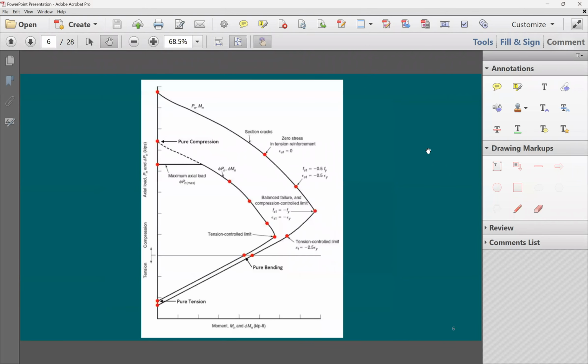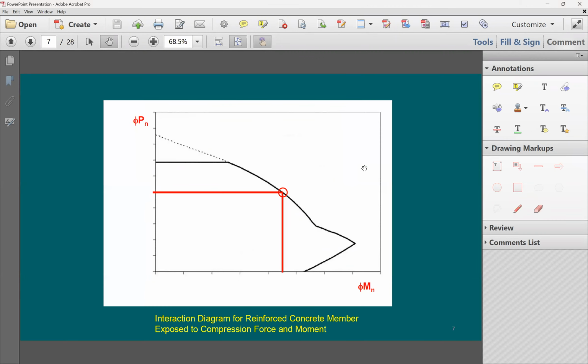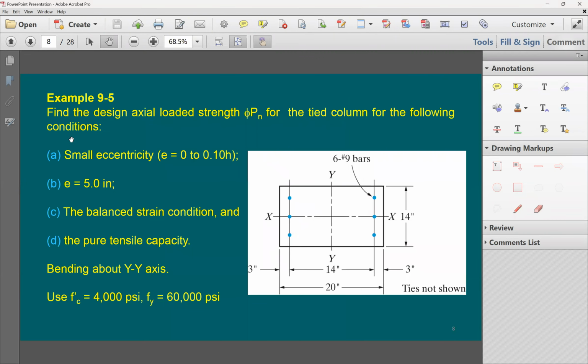The last one of the column design, right? This is slide set number 11. All right, take a note about this. Here's the balance point. How do you find it numerically or by analysis? We have this example, line 5. What page? Page 8. It starts at page 8 or slide 8. Item C is giving the balanced strain condition.